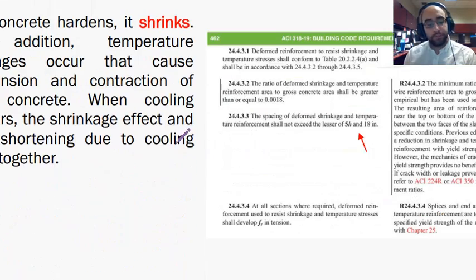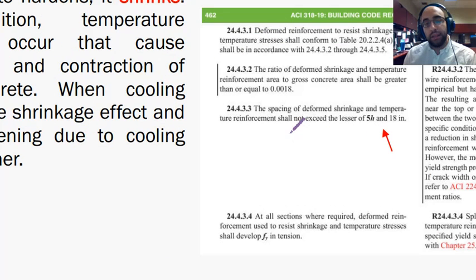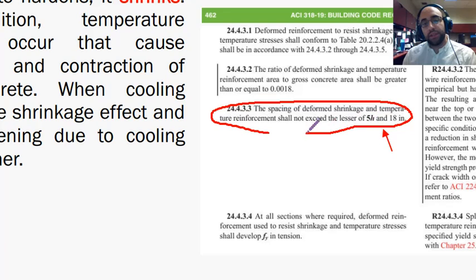And as you can see, code is suggesting us to use shrinkage reinforcement, and the amount is just based on some spacing limit that code is suggesting us. I always consider this and it works. So just consider this when you are designing shrinkage reinforcement.